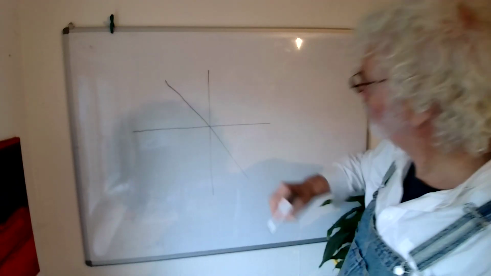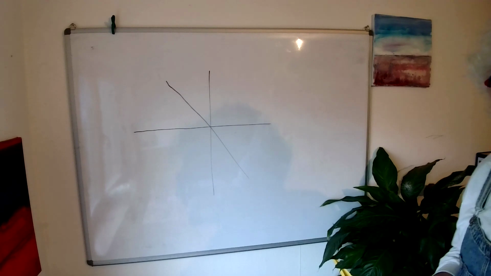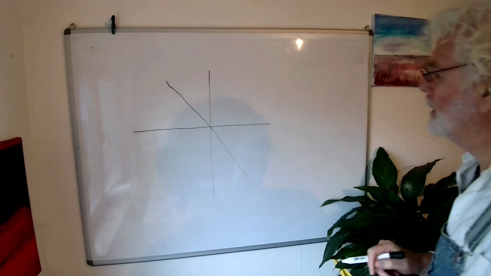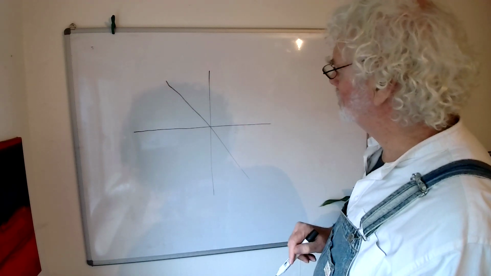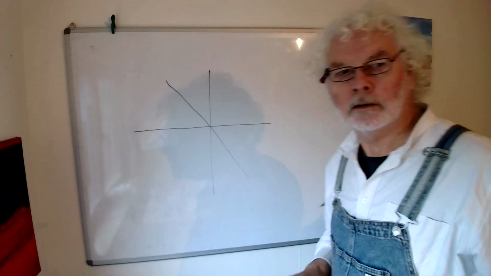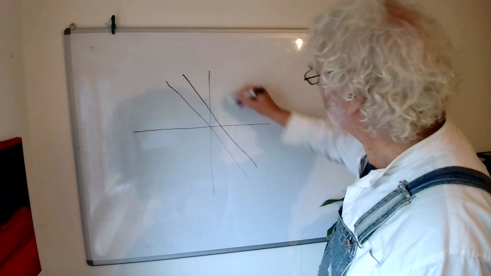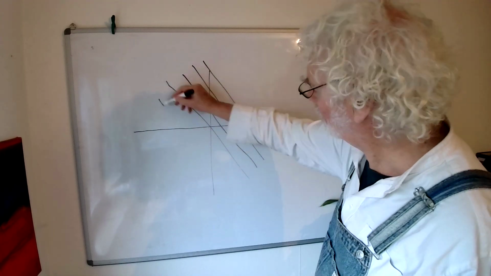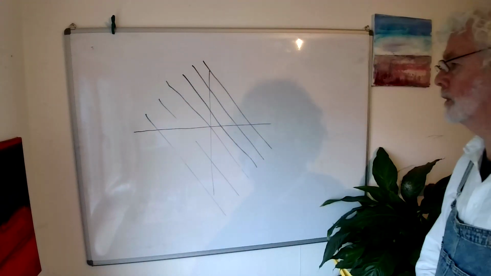Here's one. What other kind of linear equations are never simultaneous with this? They're the ones that are parallel. Anything parallel is not simultaneous.